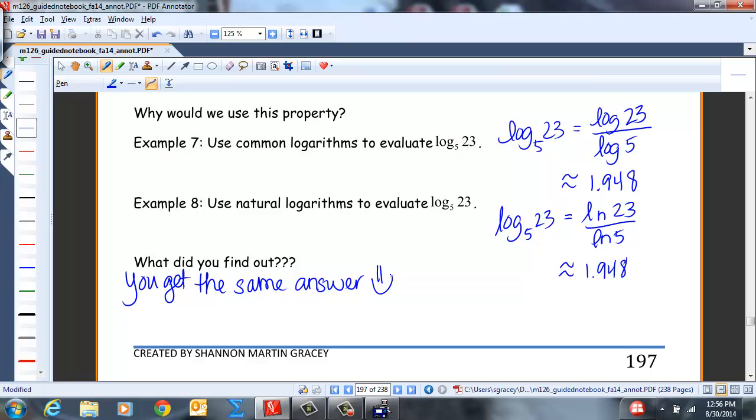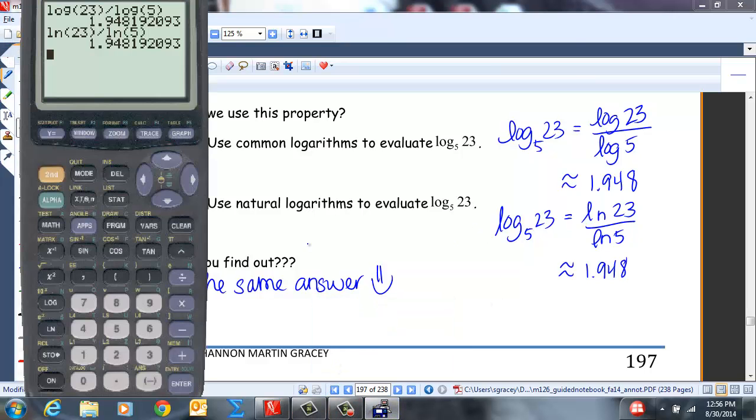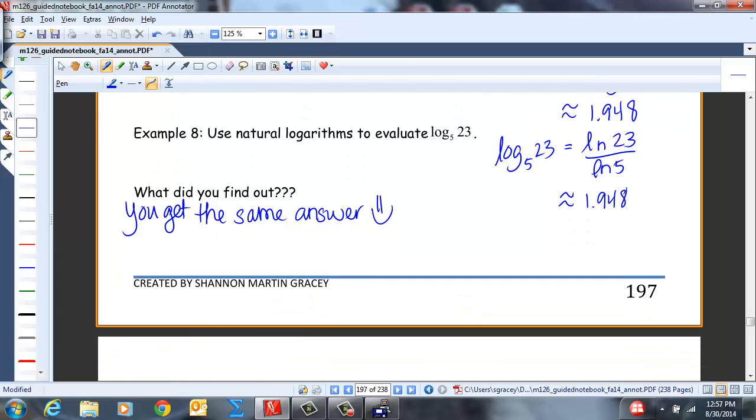Okay, so now real quick, we might as well graph this one. So if we go to our graphing calculator and we go to y equals, clear, clear. Actually, I'm sorry, this one's just going to be a constant.